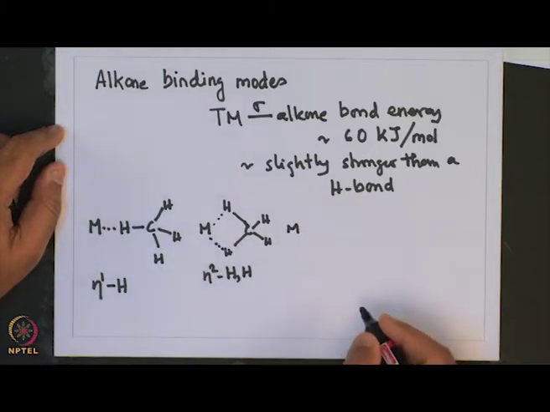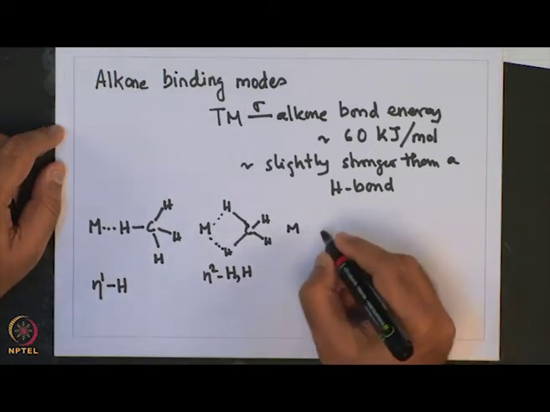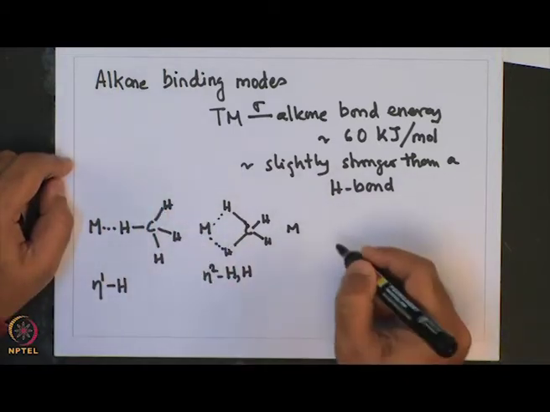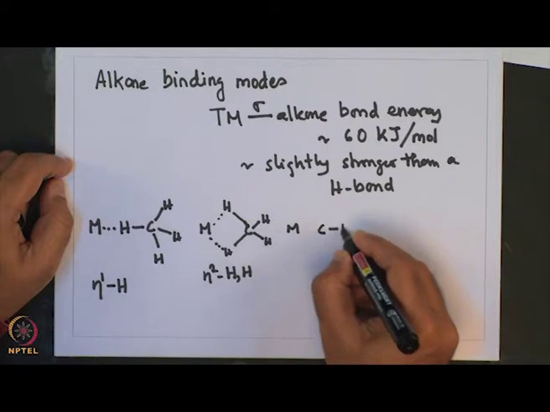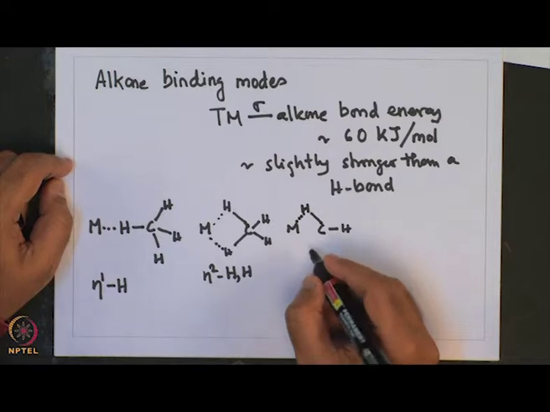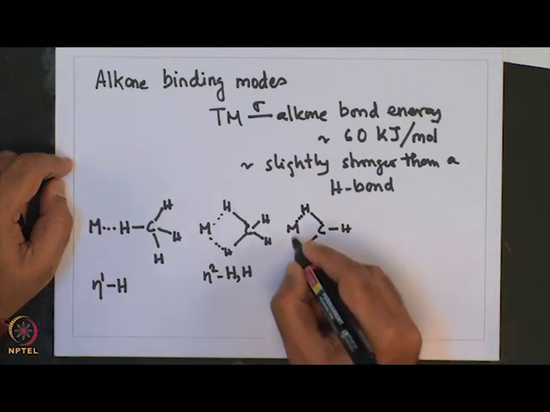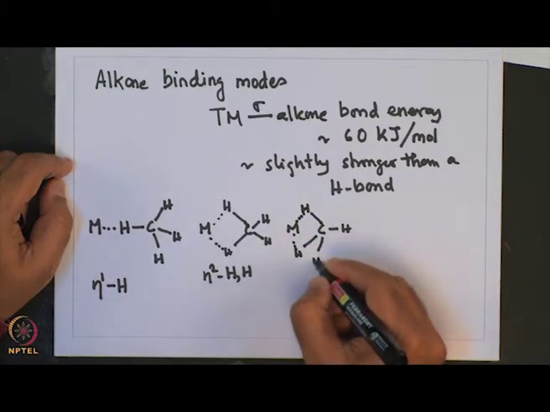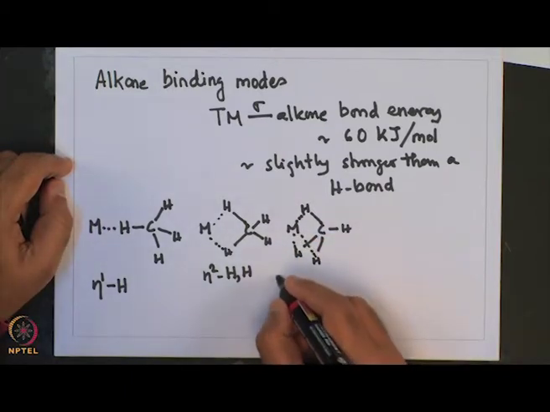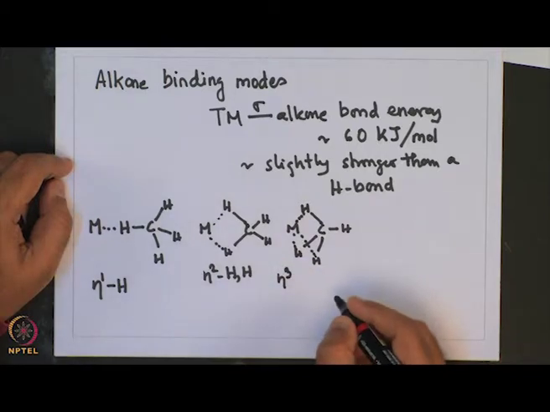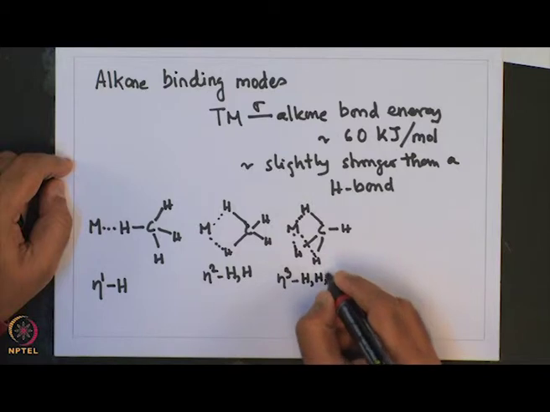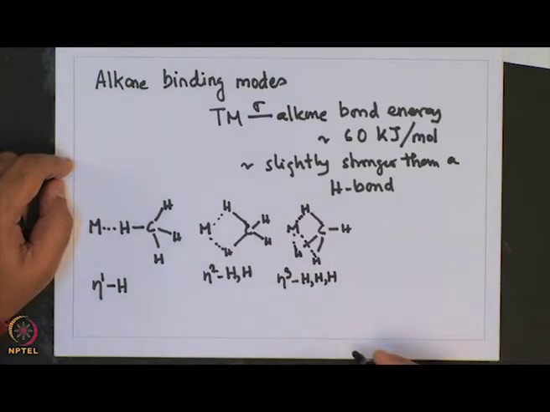The metal can also interact with 3 different hydrogens of the alkane, and this is represented as eta 3 H H H type of binding.